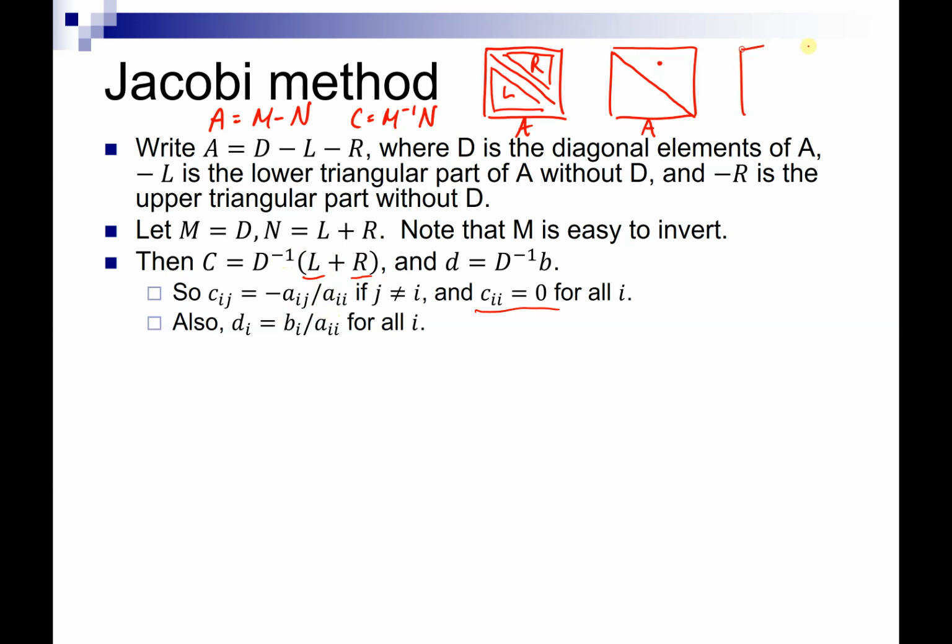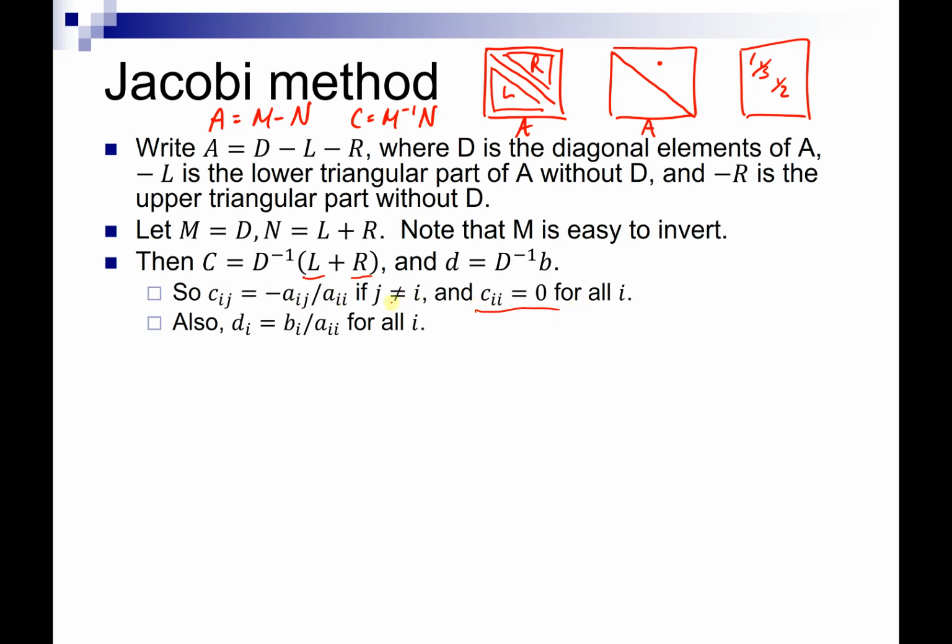So if these are the diagonal elements, like 1, 3, 2, then the inverse is just going to be 1, then 1/3, and then 1/2. So when you multiply by D inverse here, you simply divide by the diagonal elements of A. Therefore, the ijth element of C is just going to be negative A_ij divided by A_ii.